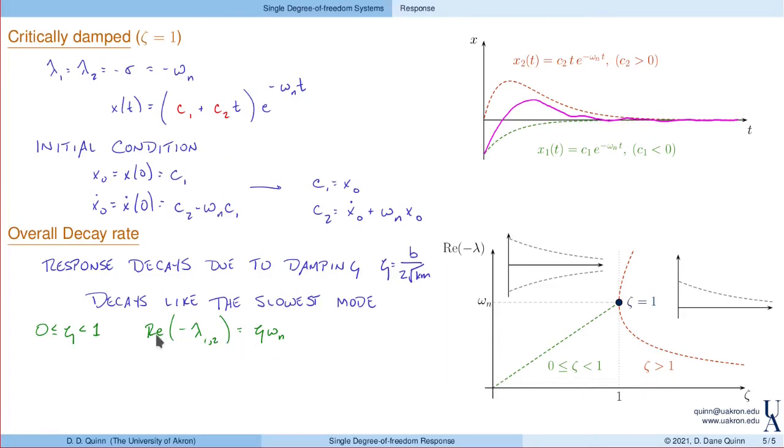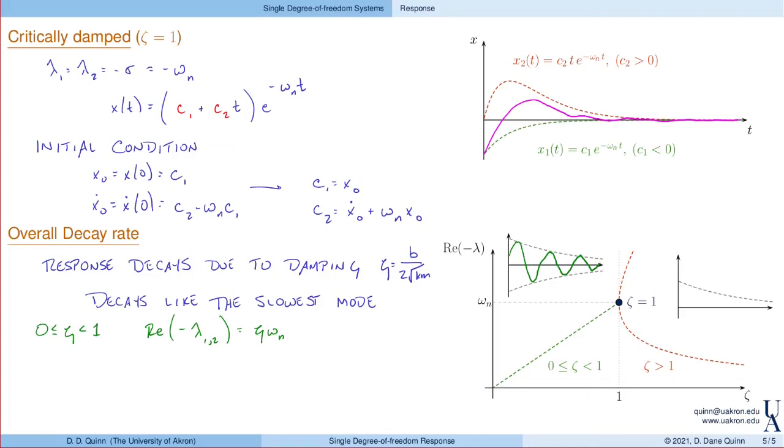Then this decay rate just increases linearly as the damping ratio increases. So here we would get a response that just decays exponentially in time. And for an underdamped system, as we add more damping, we decay faster.